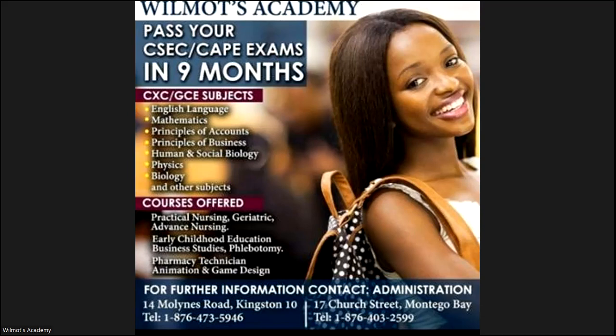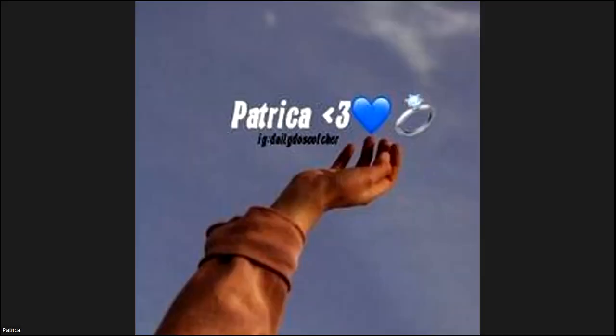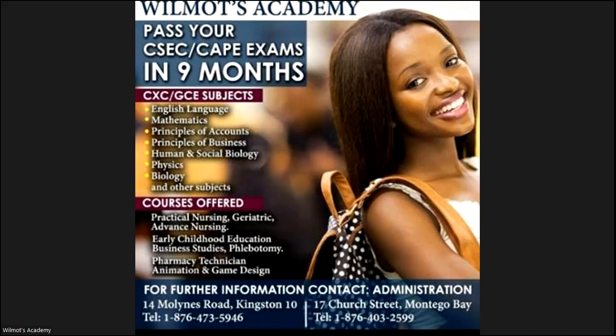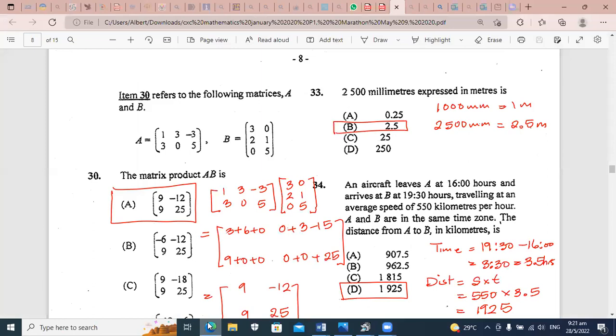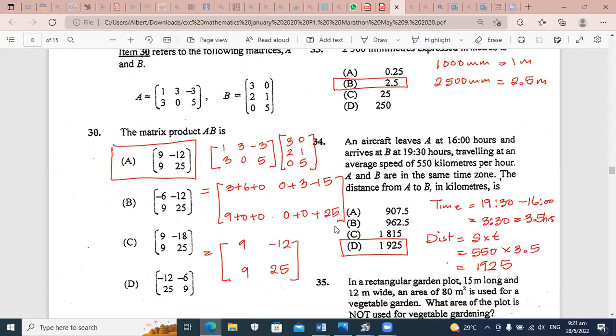I don't know why it is like that. Where is it now? Why this thing? Can you guys see my screen?